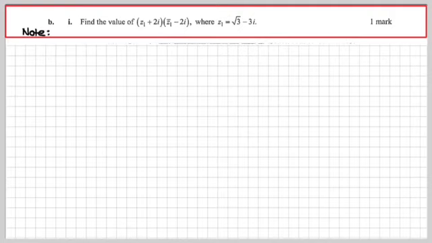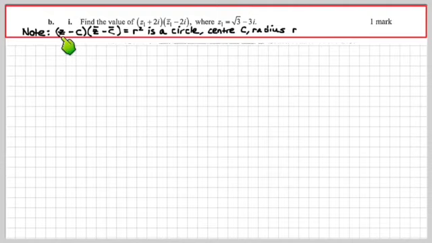So, please note that if you have something of the form Z minus some complex number, which we'll call C, times Z bar minus C bar, and if that equals some number which we can call R squared, you've got yourself the locus of a circle, guys, where the centre is at C and the radius is R. So this looks like this is coming up to be a circle.